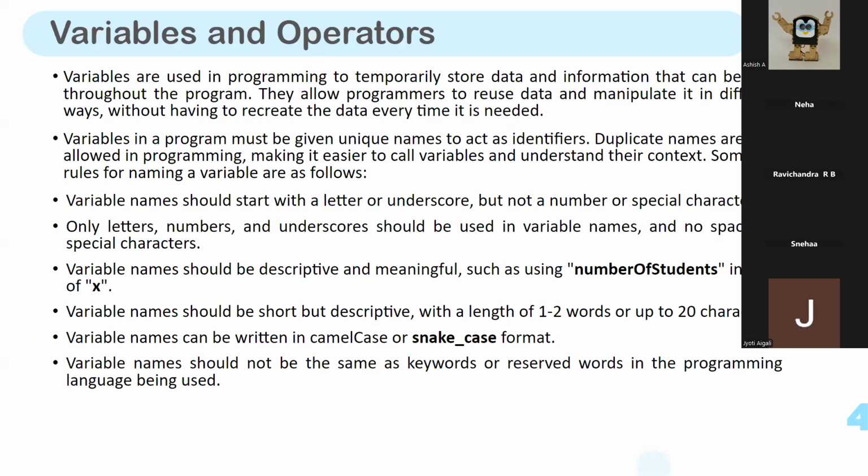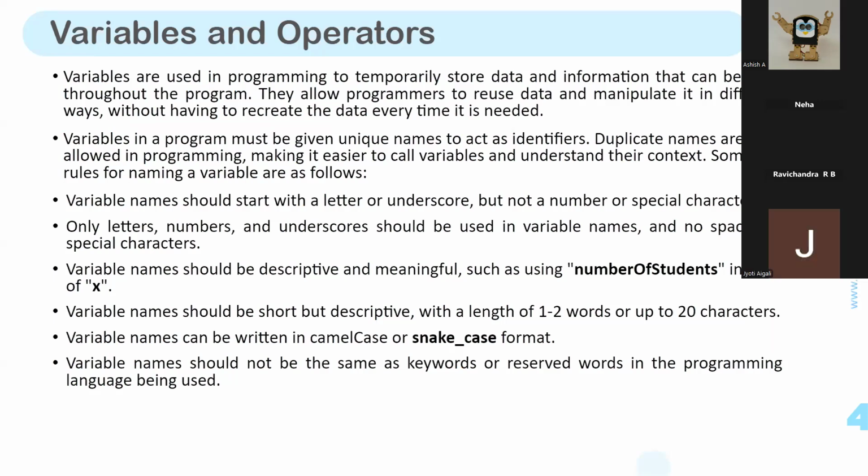Let's say when we take variables, as we know in block coding as well, these variables are used in programming in order to temporarily store data or information that can be used throughout the program. So they are a temporary storage area. They allow programmers to reuse the data and manipulate it in different ways without having to recreate the data every time it is needed.